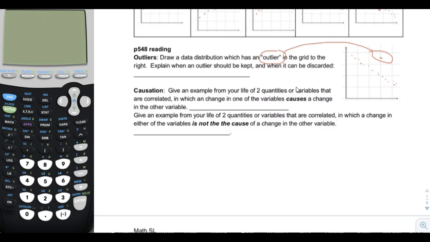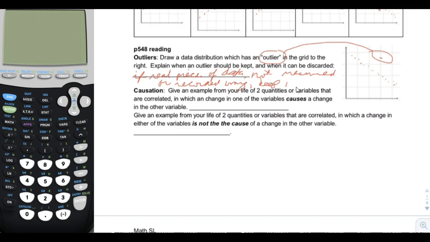But if it is a real piece of data, then you should not discard it. Okay? So basically, if it's a real piece of data not measured or recorded wrong, then you keep it. Okay.